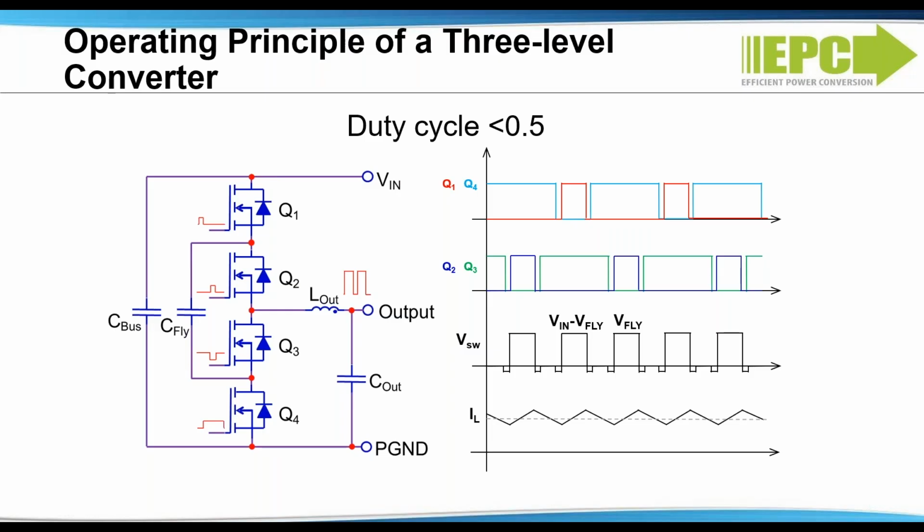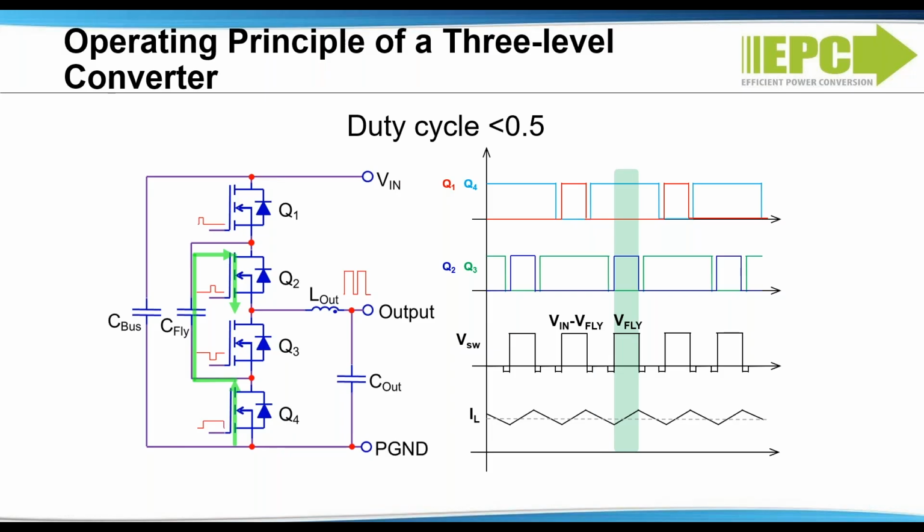When Q1 and Q3 conduct, the flying capacitor and output inductor are charged up. Q1 turns off. Q4 turns on. The output inductor freewheels through Q3 and Q4. Q3 turns off. Q2 turns on.